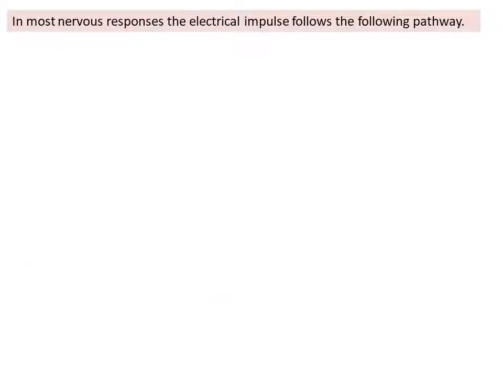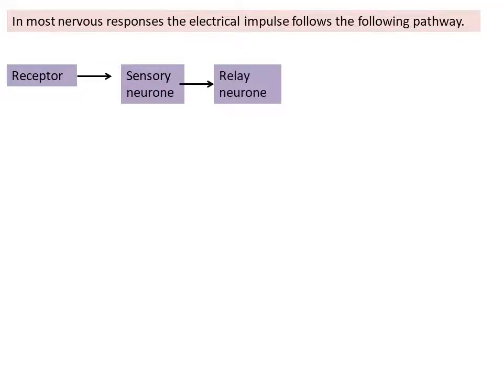In most nervous responses, the electrical impulse follows this pathway. So we start off with a receptor. That receptor is then going to be sending information to a sensory neuron. So the receptor could be, for example, something like a taste bud. So that's going to then pick up the information and send that information to the sensory neuron. The neuron is then going to carry it to the relay neuron.